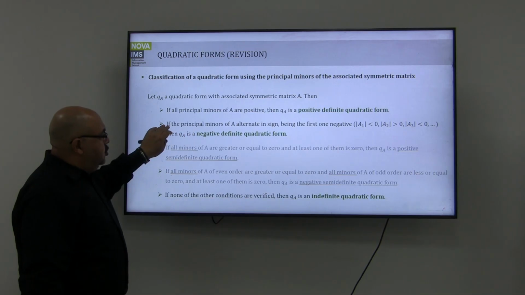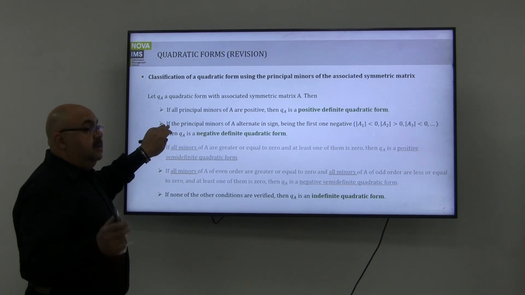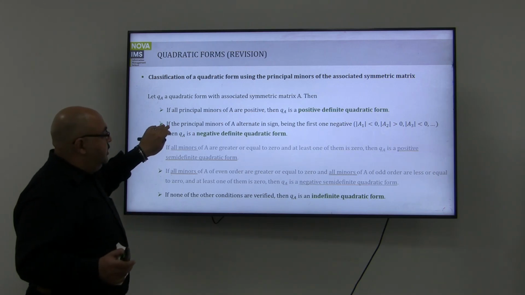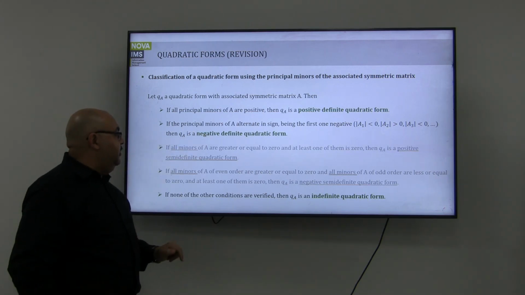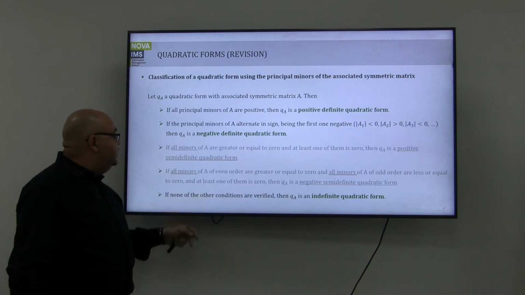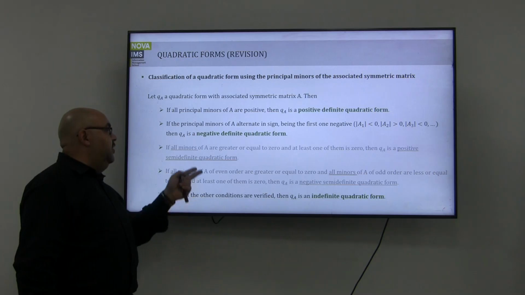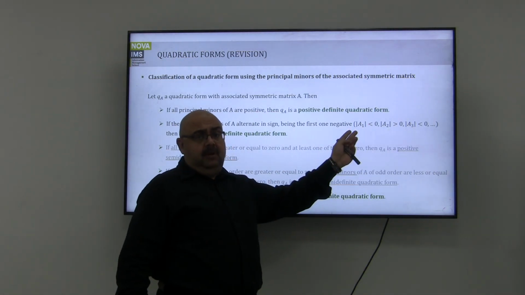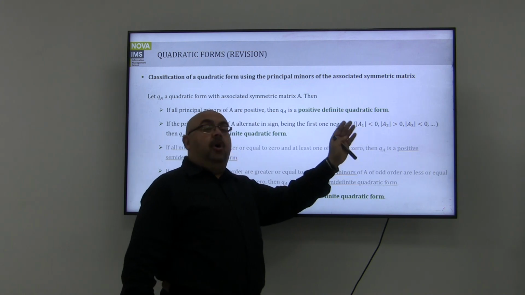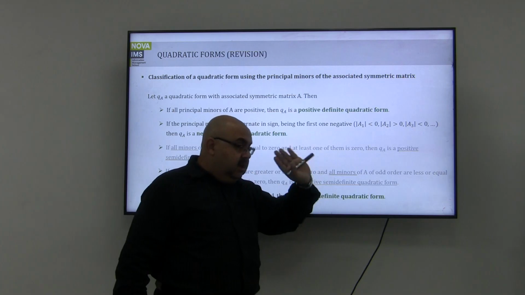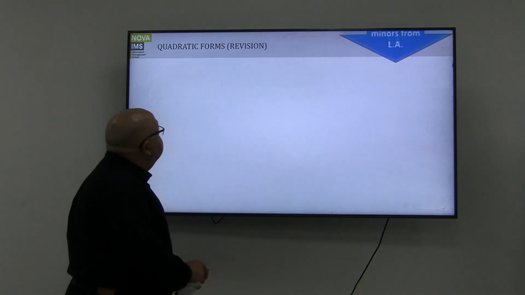If the principal minors of A alternate in sign, where the odd ones are less than 0 and the even ones are greater than 0, then you have a negative definite quadratic form. As I told you, we are not going to talk about the semi cases. If none of the other conditions holds, which means this pattern is broken, for example the odd ones are greater than 0 or it doesn't apply exactly, then you have the indefinite case.